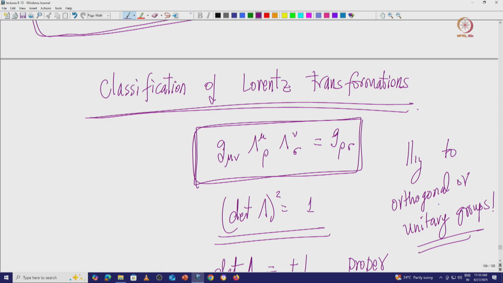So we always look for special unitary or special orthogonal groups, because in special unitary groups they always reduce the number of parameters essentially, and they also set the determinant to be positive, so that you can start with a unit matrix.